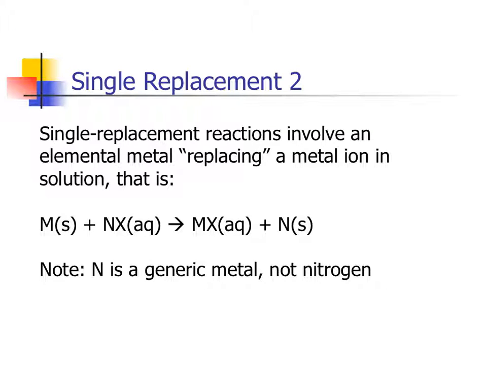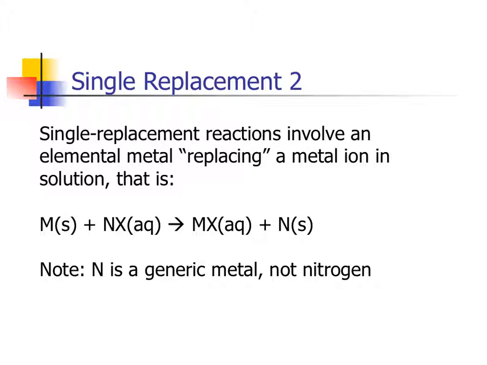Single replacement reactions involve a metal usually replacing another metal in the solution. As we can see, the M is a generic metal, N is another generic metal, and X is an anion. And in this reaction, M is going to replace N. Now how this actually works is a little bit more involved than we might want to deal with, and so we won't be looking at that.